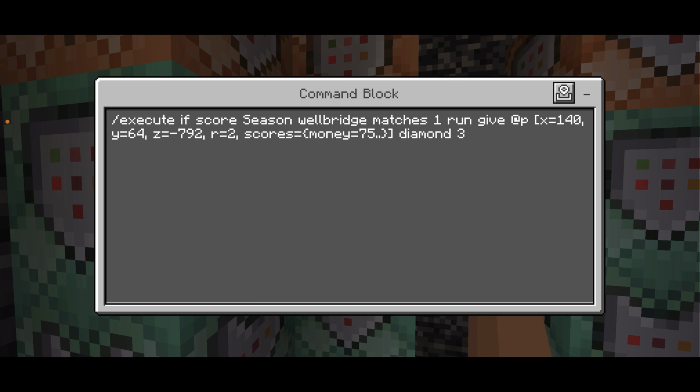And they must have this much money on their scoreboard. So 75.